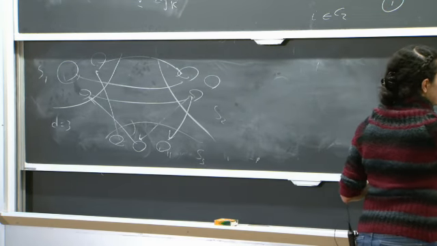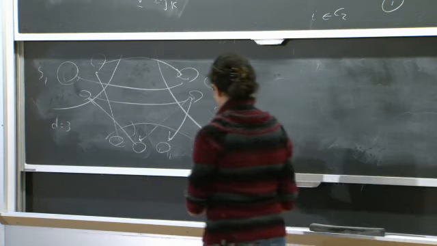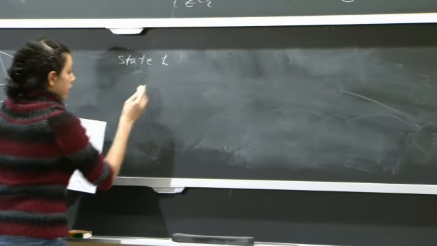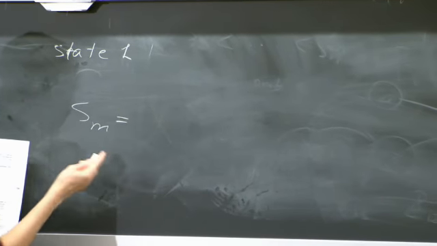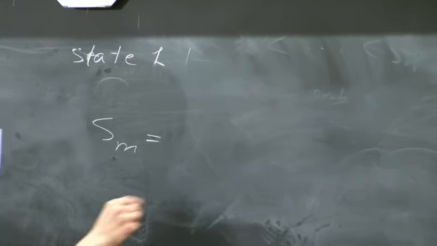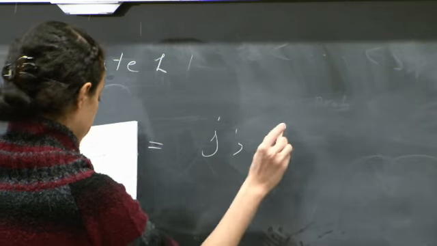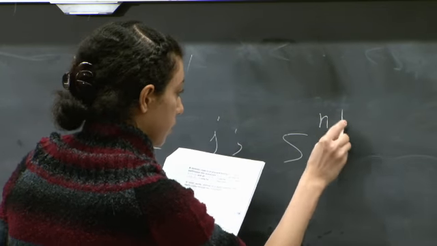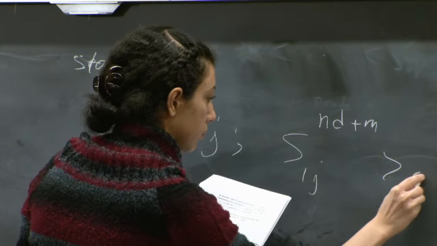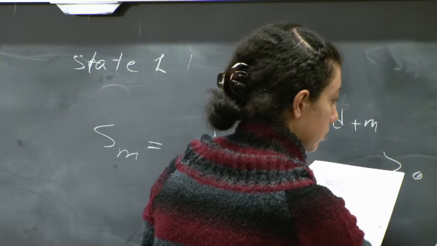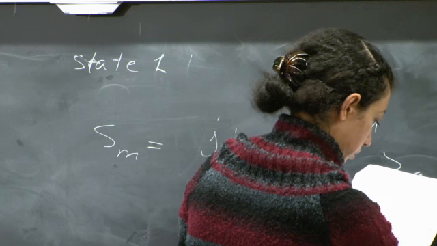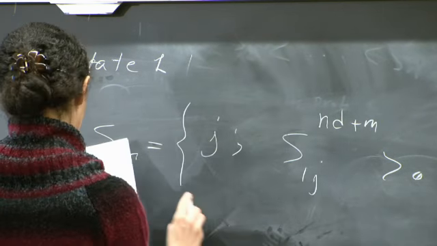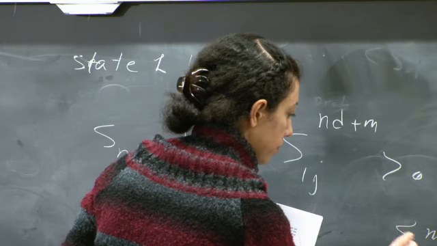The other definition that you can say is that, again, you can choose one of the states in a class that I talked about. So let's say that I choose a state 1, and I define S_m, which corresponds to that subclass. It is all the j's where the probability of going from 1 to j is positive.